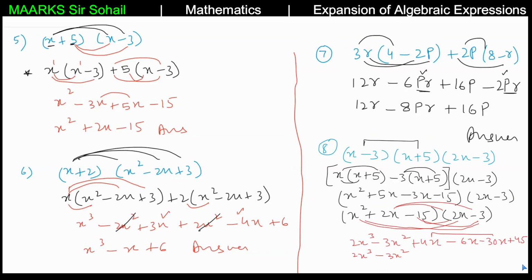What should I do? 4x minus 6x I can do. So 6 minus 4 is 2, but since 6 is a bigger number, the sign will be minus. So minus 2x I will get. Now if I subtract 30x from it, then minus 2x and minus 30x will become minus 32x. So I'll write here minus 32x, and this last term is 45, so plus 45. So this is the answer of it.